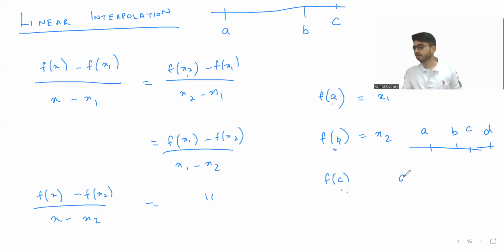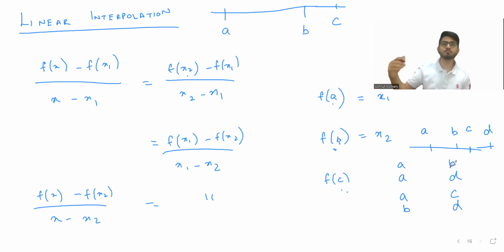You can either use the values at A and D, or you can use A and C. You can also use B and D. And you can also use A and B. The worst one out of these will be using A and B, because C is outside the range of A and B. So this is the one which should be ignored, or it might give us the most inaccurate answer. Instead of using A and D, B and D is better.